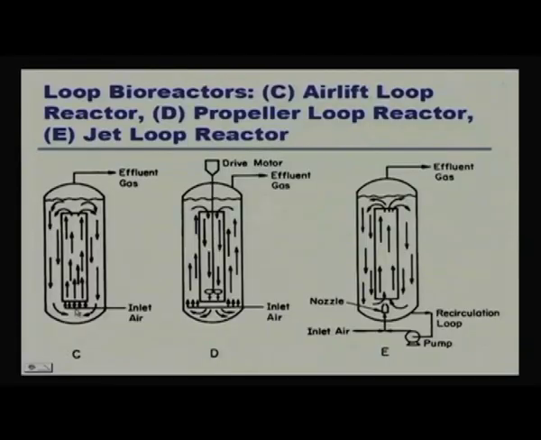Here, inside the draft tube, the air is coming in and pushing the liquid. Here, not inside the draft tube, from the outside the air is going and pushing the liquid, and through the draft tube it once again gets circulated. Here, through the nozzle the air is coming and pushing the liquid, mixing with it and coming in contact with the liquid.